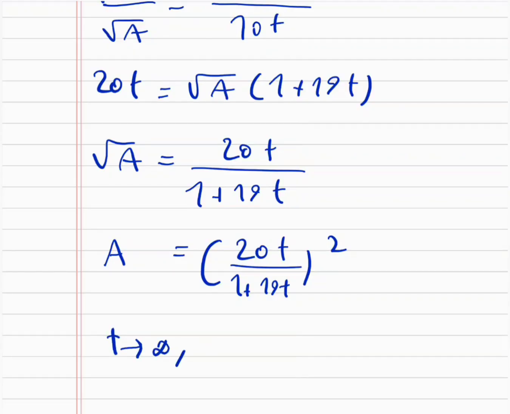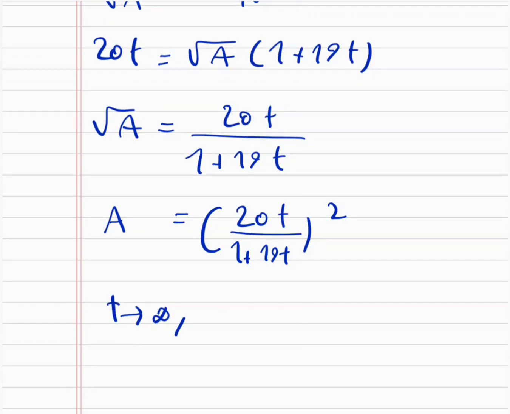So as t approaches infinity, then here basically we have 20 in the numerator and then 19 in the denominator. So they're basically very close. And then we also have 1 plus that. So if you just think logically, as the first term gets extremely large, also the bottom term gets extremely large, and they're almost very close, right?